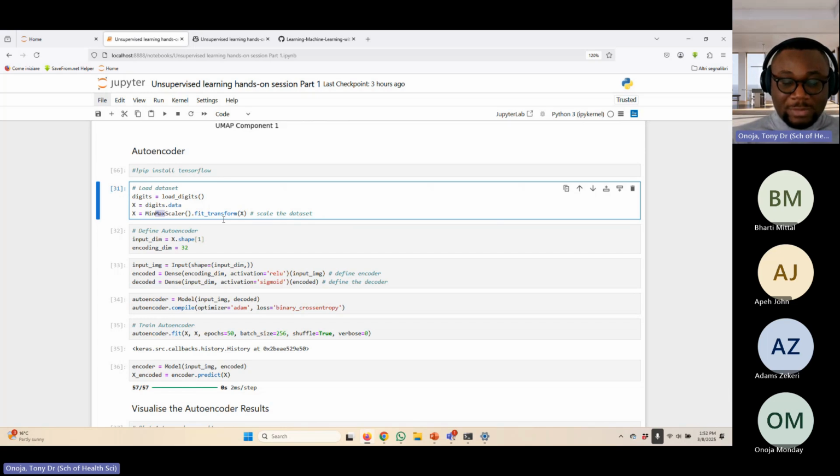So it would be like x minus the min divided by the max of that particular feature. Now, the good thing why I like this approach is that somehow it's robust, although the standard scaler too is also robust.